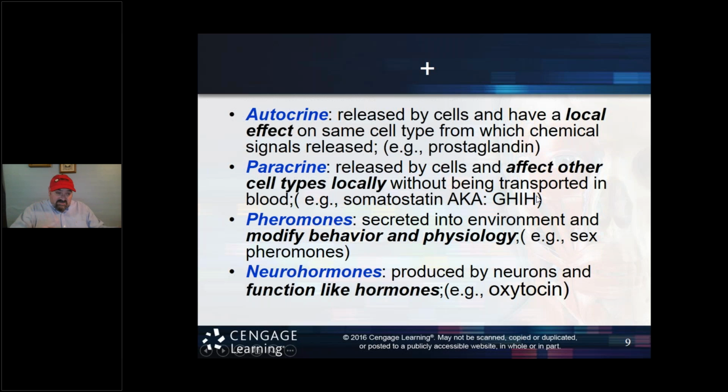And so this will have an action that will affect not just right where these cells are being affected, but locally close to other cells that are in the area. Autocrine, so same cells, paracrine, cells very close within the area and causing some type of an effect to occur, okay? And again, like I mentioned to you about the pheromones and the neurohormones.